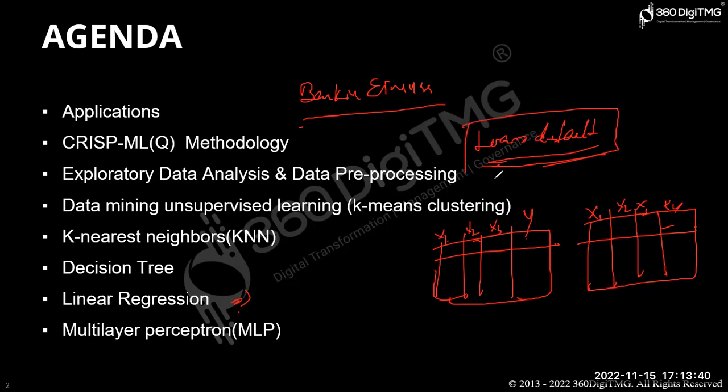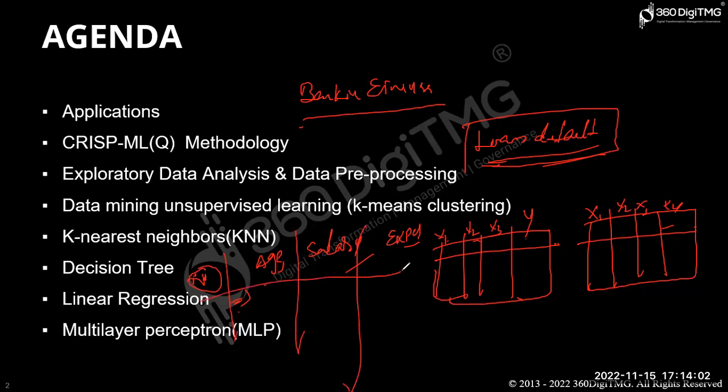What kind of features can we use? Age, salary, experience, and what kind of job he is doing, whether technical or non-technical. That is also an important feature to say whether he is going to default on the loan or not. Like that, we have various features.